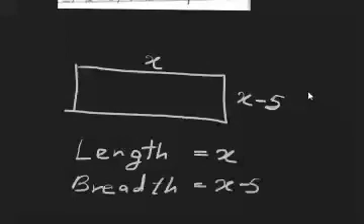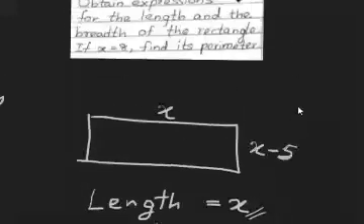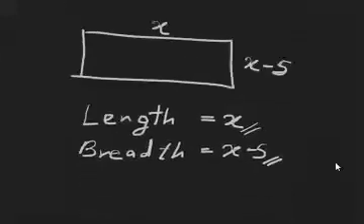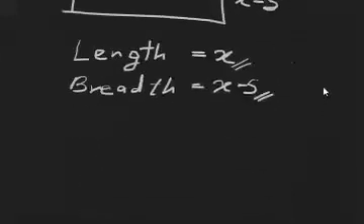So these are the answers. Then, for the length and breadth of the rectangle, if x equals 8, find its perimeter. Okay, we'll construct the expression for perimeter using x. Perimeter.